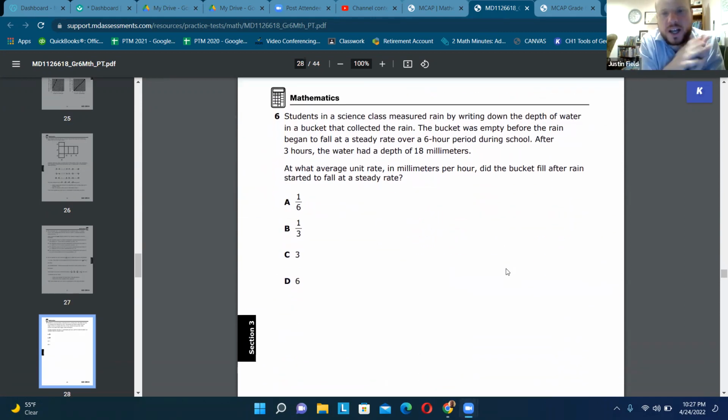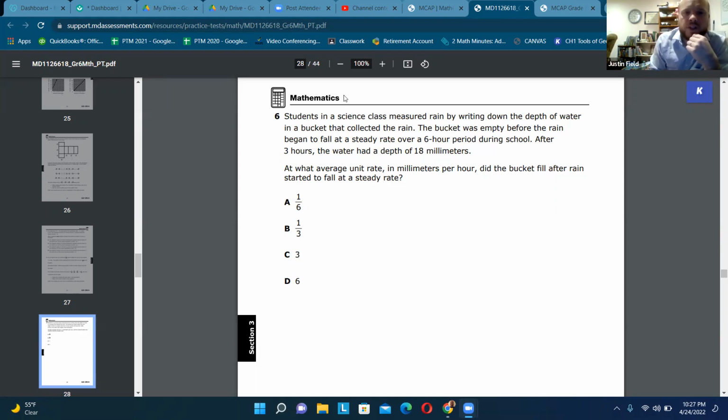Students in a science class measured rain by writing down the depth of water in a bucket that collected the rain. The bucket was empty before the rain began to fall at a steady rate over a 6-hour period during school. After 3 hours, the water had a depth of 18 millimeters. At what average rate, unit rate, in millimeters per hour did the bucket fill after rain?